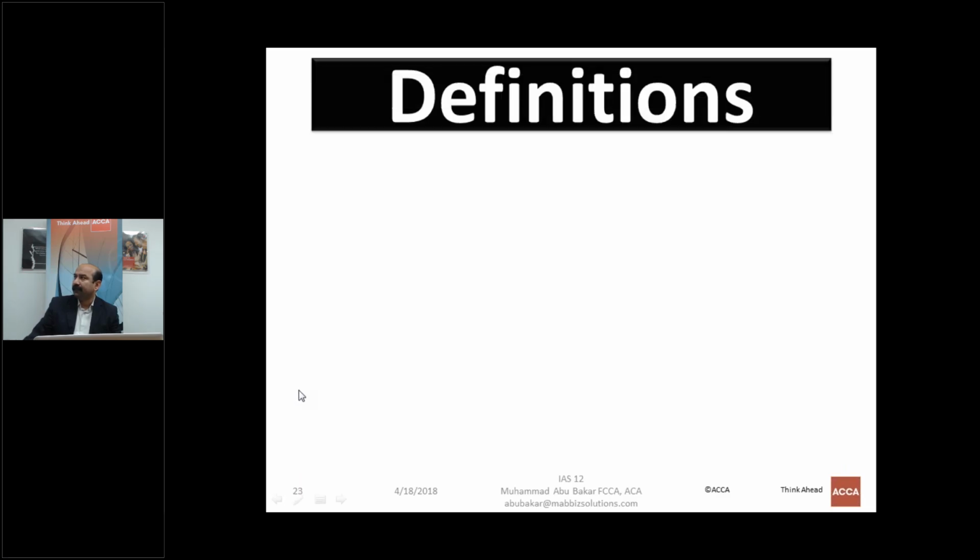Okay. So the next important concept is the tax base. This is the most important concept. The real problem in the life of the accountant is to calculate the tax base.